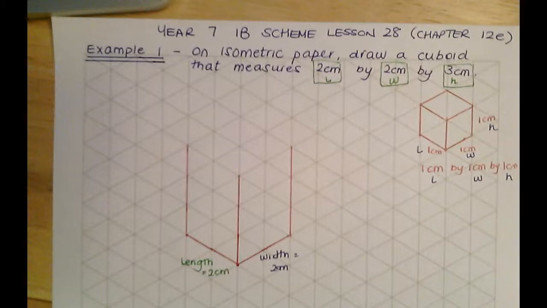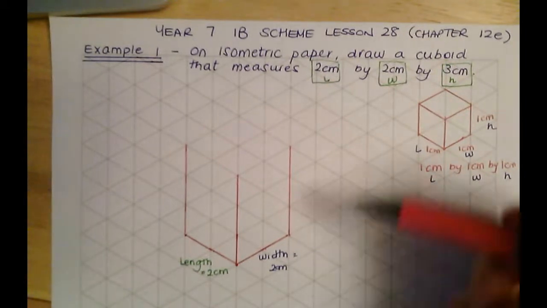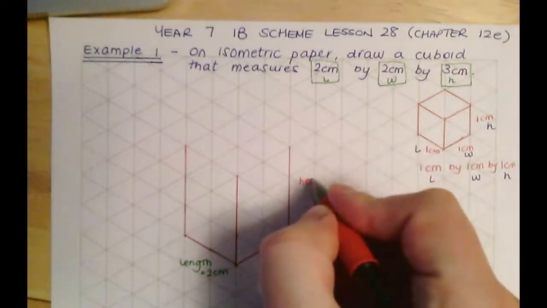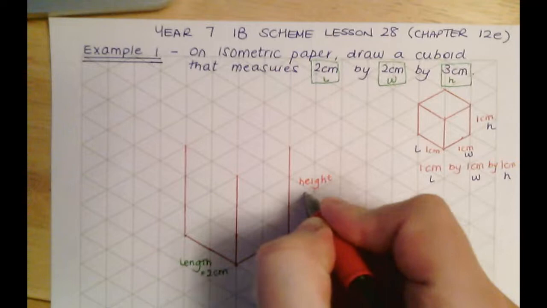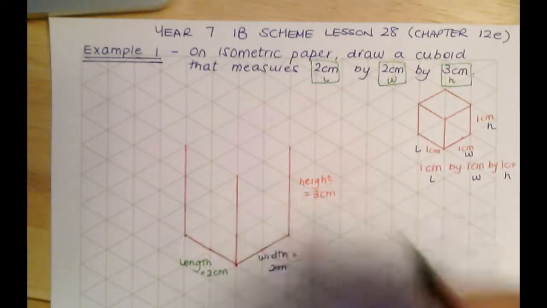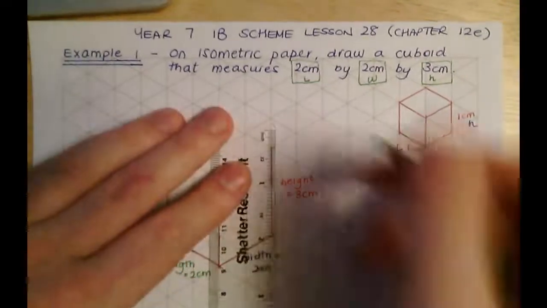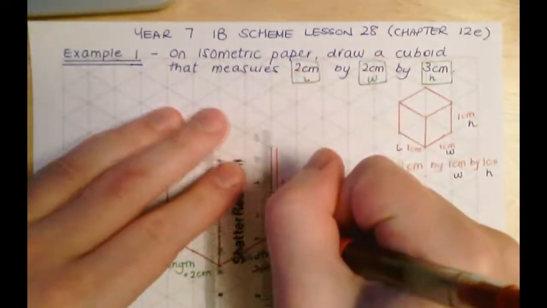Now you may or may not start to see the shape of a cuboid. So now we can see that my height has gone up by 3 centimetres.